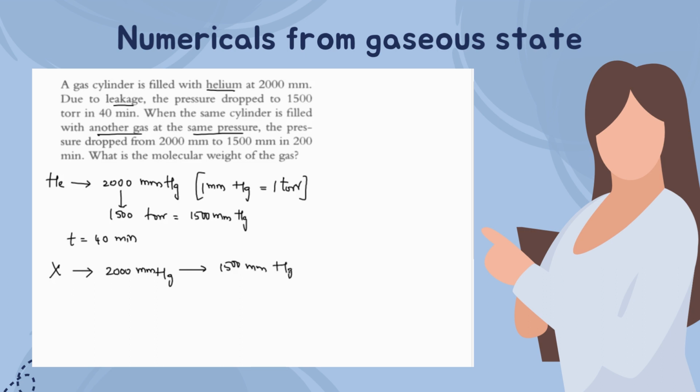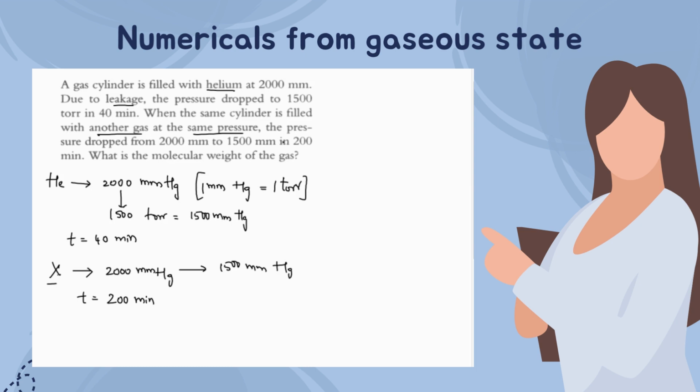Everything is the same, but here it is helium gas, here it is X gas. So obviously the time taken would be different. In the second case, the time taken is 200 minutes. Now we need to find out the mass of this X gas.